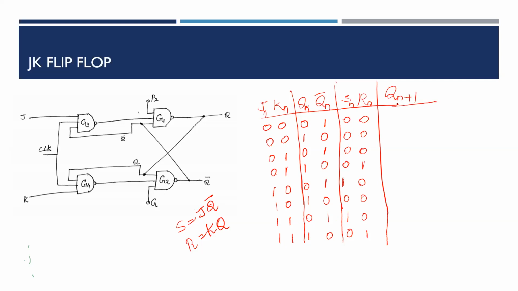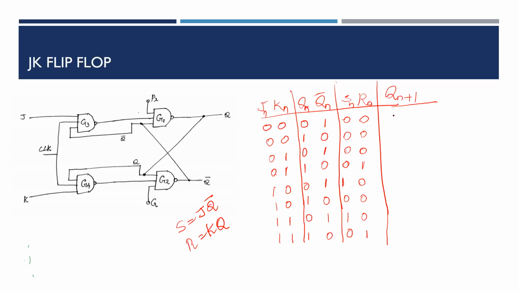Now let's write Qn plus 1. So when S is 0, R is 0, what will be Qn plus 1 from the truth table of SR flip-flop? When S equal to 0, R equal to 0, Qn plus 1 will be same as Qn, right? ഈ റോയിൽ Qn ന്റെ വാല്യൂ എത്രയാ? 0.